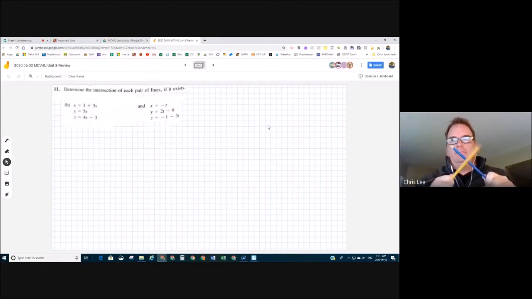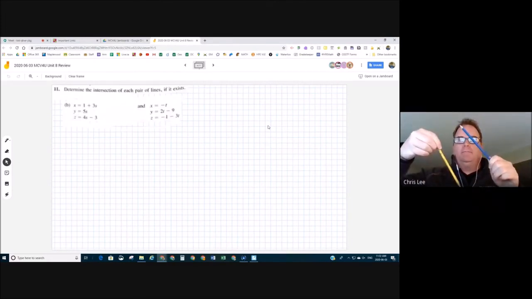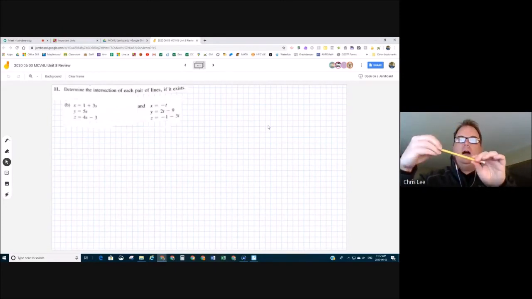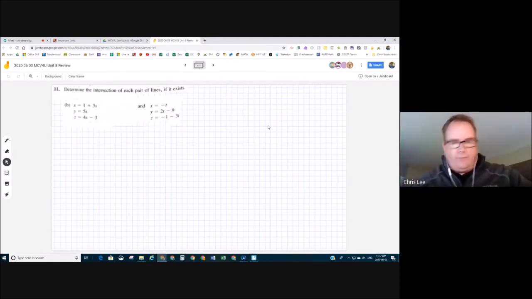But even before we assume that, we should make sure they're not parallel, because if they're parallel, you don't need to do all of the math that follows. If they're parallel, they're either distinct like this, with no intersection, or parallel and the same, and therefore they intersect infinitely. So before you do anything else, check to make sure they are not parallel.